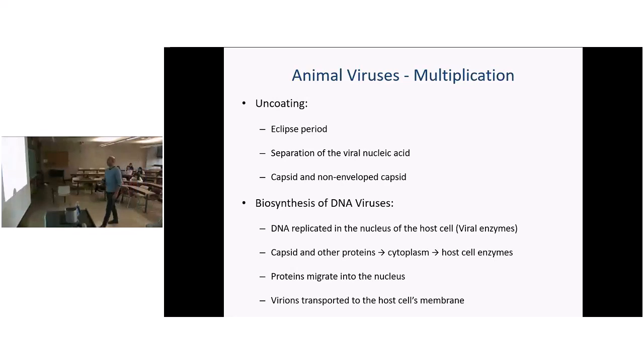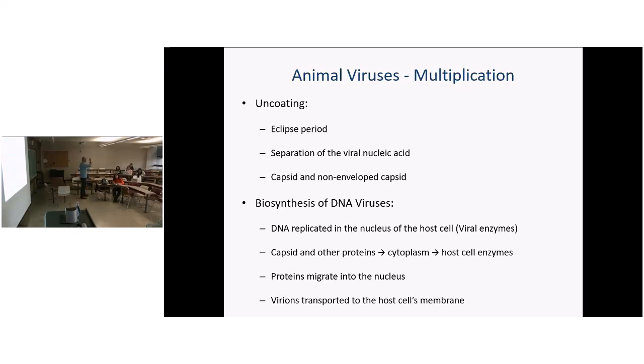And then you separate the viral nucleic acid from the coating, or from the capsid, and then it becomes this non-enveloped nucleic acid. And after that, that nucleic acid goes inside. If it is a retrovirus or RNA virus, it will replicate and form a DNA molecule actually in the cytoplasm.